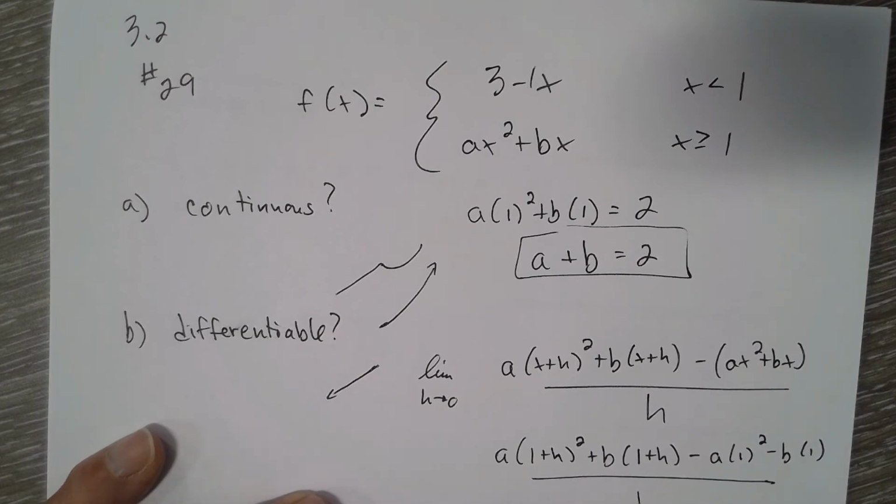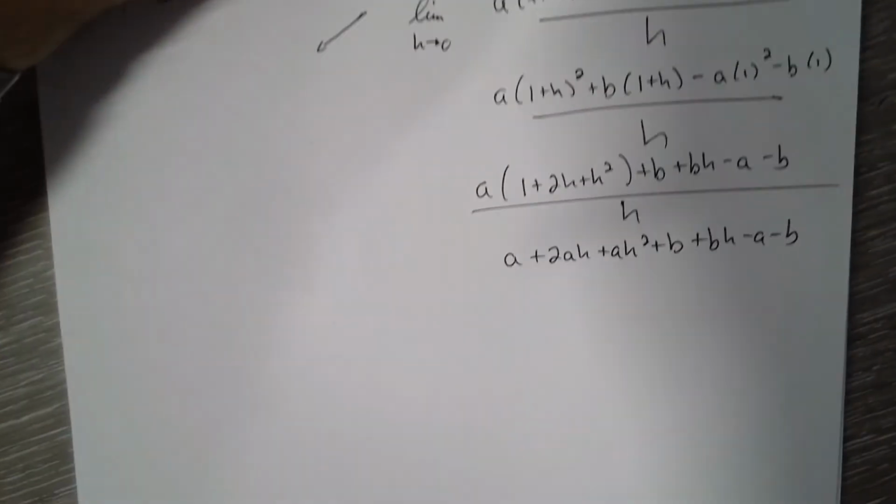So a plus 2ah plus a squared. Sorry, trying to keep up here.